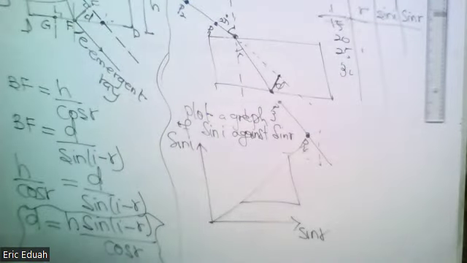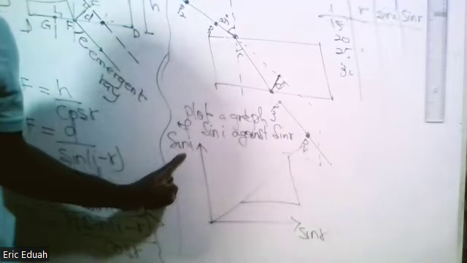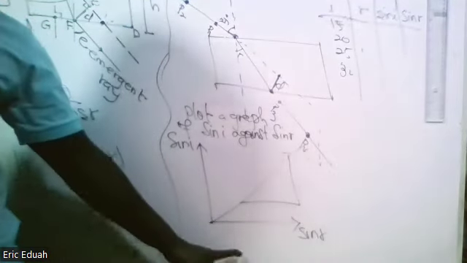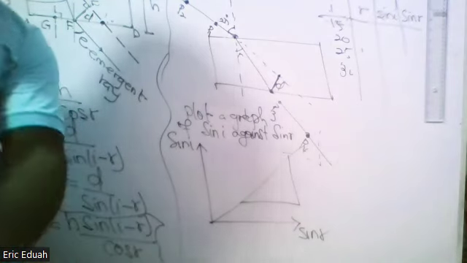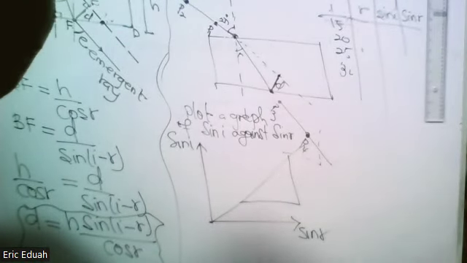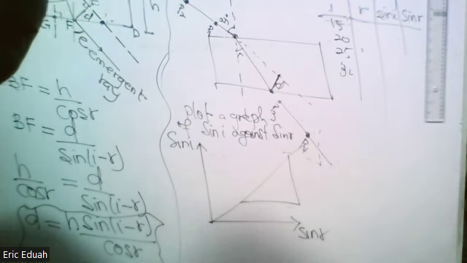Now, class, if you are to plot a graph of sine I against sine R, what do you think the slope of this graph would give you? What will the slope of this graph give you? Yes, anybody? The refractive index. Exactly.